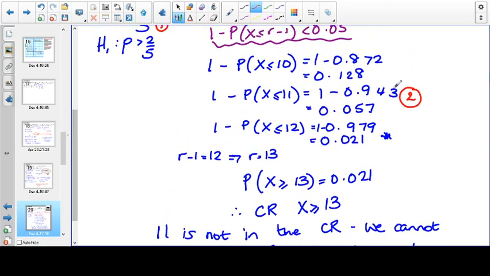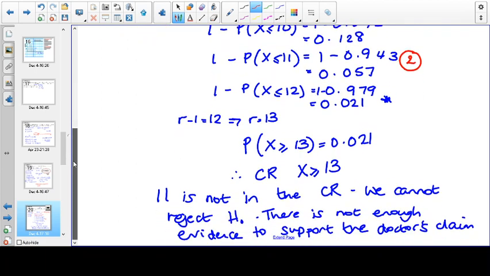And I would write a minimum of 2 here just to show that you're exploring different options. I wouldn't just keep typing in your calculator and just write the 1 down. Write a couple, because all that's doing is evidencing that you know what you're looking for. Then you've got 1 for a conclusion to do with the critical region.